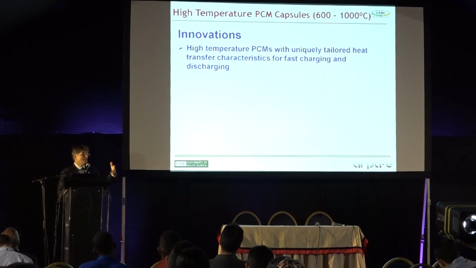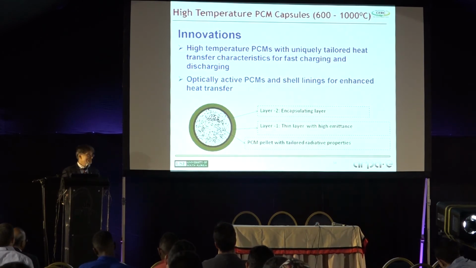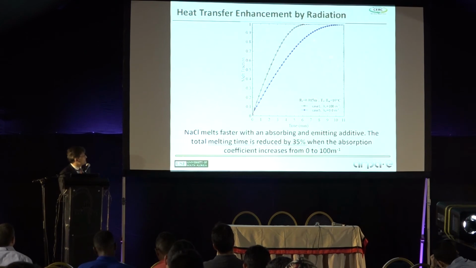So if they're transparent to infrared radiation, you can just add some small materials which are infrared absorbers, and when you do that, you increase the heat transfer much higher. So we just did that, and we added some nanomaterials in there, and we found out that we could melt the same material in a time 35% less than when we did not add that material.